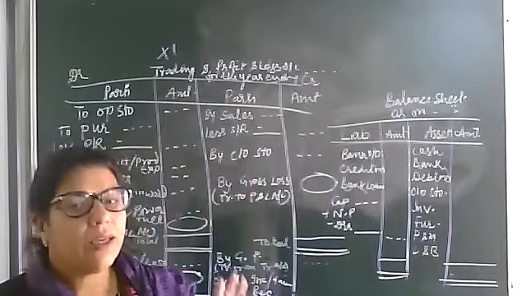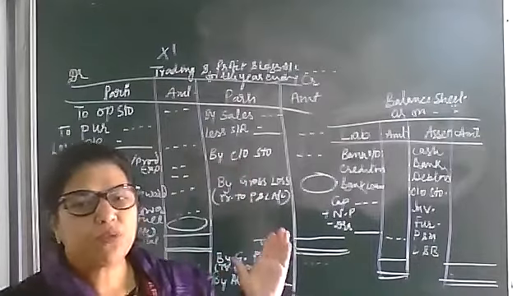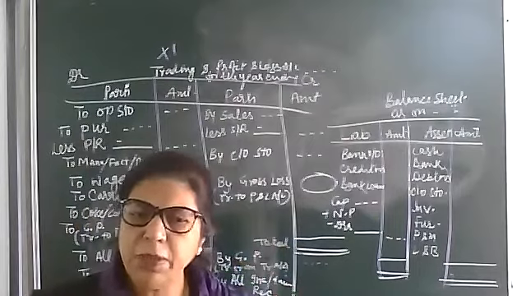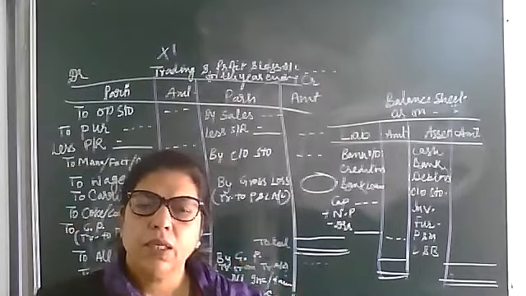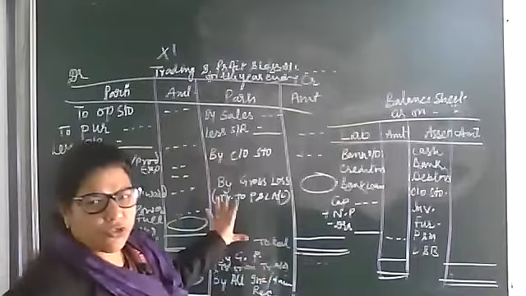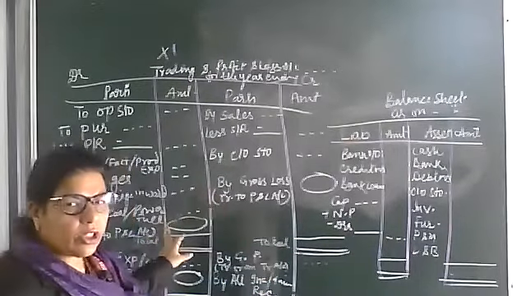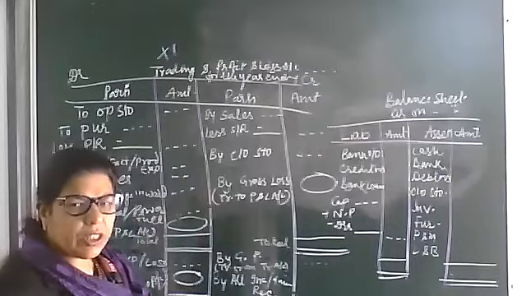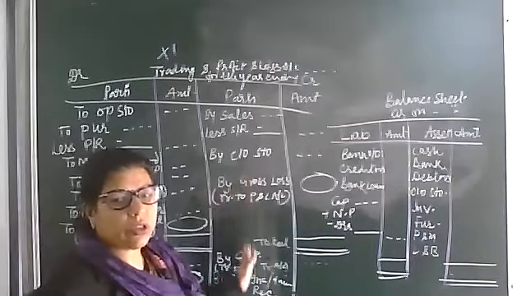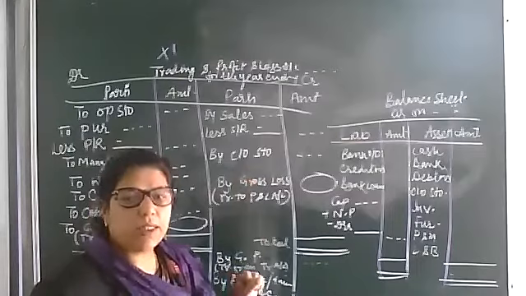So today I explained to you financial statements. First part is trading and profit and loss account, to know the gross profit and net profit, or gross loss or net loss.